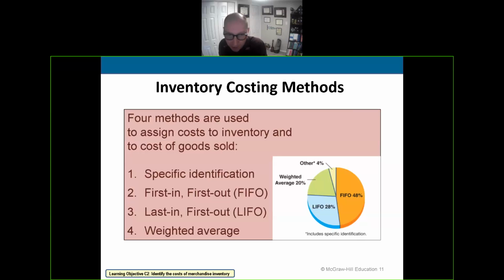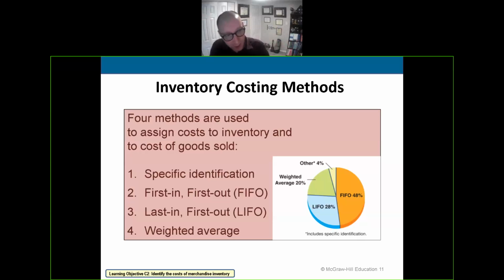The second method is called the first in, first out method. This is used by about 48% of companies throughout the world. It's probably higher than that now. It's probably 50. First in, first out. Here's how it works. A grocery store will use the first in, first out method.